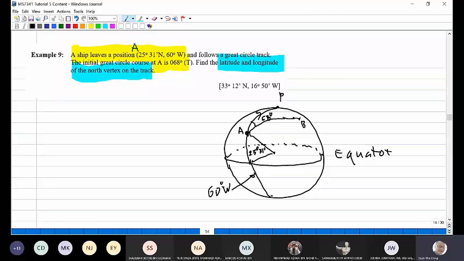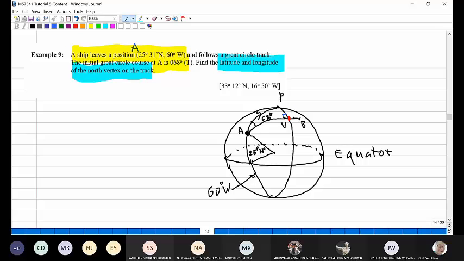Okay, I want to find the vertex. Find the latitude of north vertex. North vertex means nearest to the North Pole. So you can draw from here to here to the point called B here, and then go to the South Pole. Okay, this is the point, the north vertex. I want to find the longitude and latitude of the north vertex here, because this is 90° now.